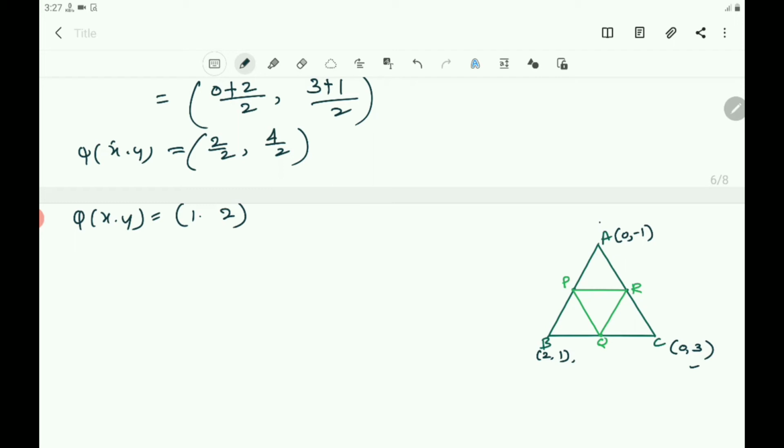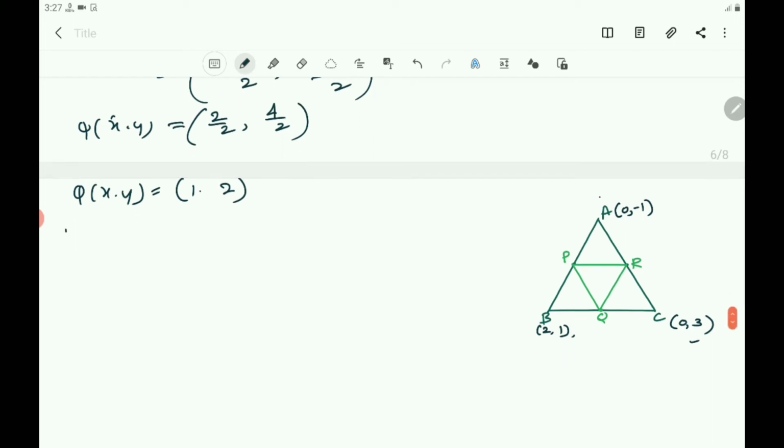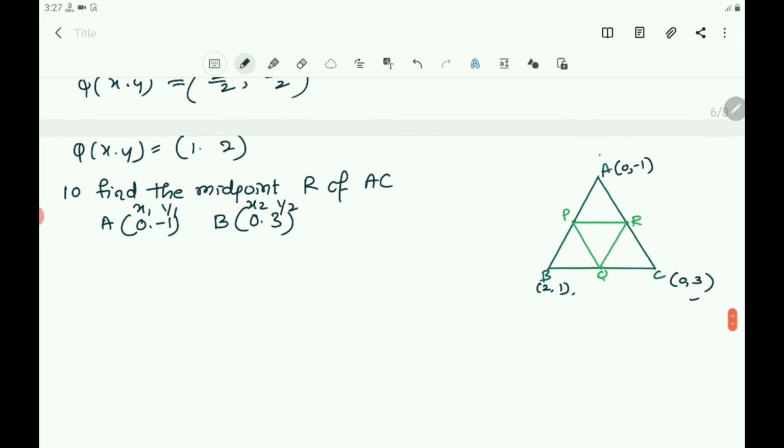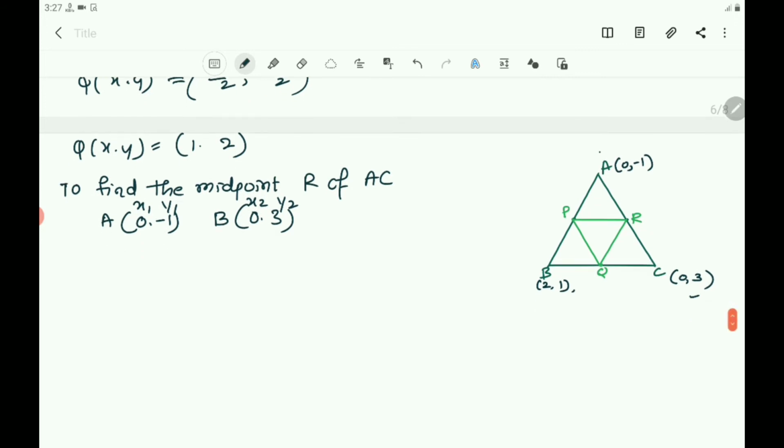Next, to find the midpoint R of AC. A is a point with the coordinates 0, minus 1, and C is a point with coordinates 0, 3. So these are x1, y1, x2, y2. Then you write the midpoint formula. What is that?